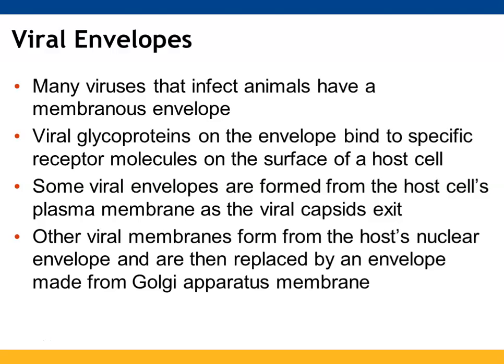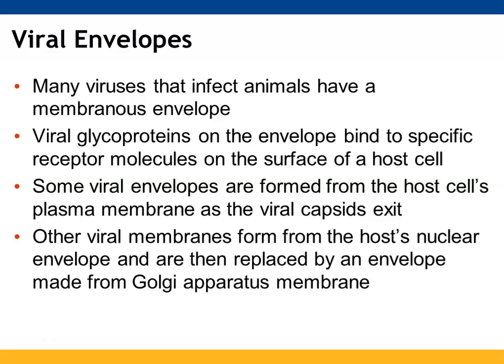And on the envelope are viral glycoproteins that can bind to certain receptor molecules on the host cell surface. And so when they are able to bind, that helps them enter the cells. But these envelopes get formed from the host cell's plasma membrane. And so that may be part of where they're getting these from.